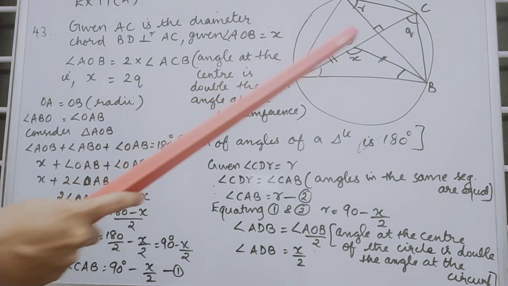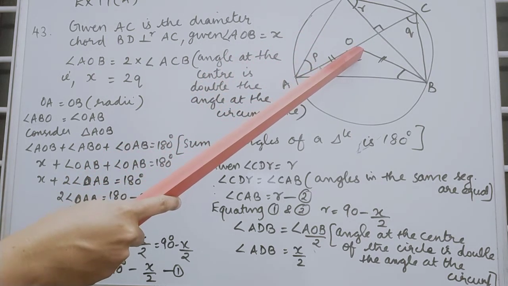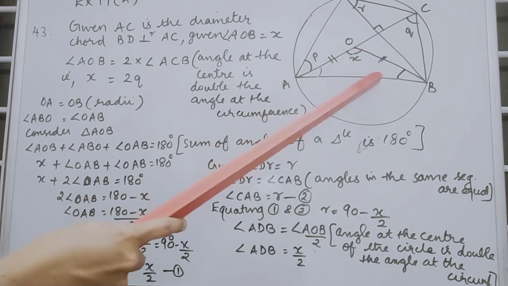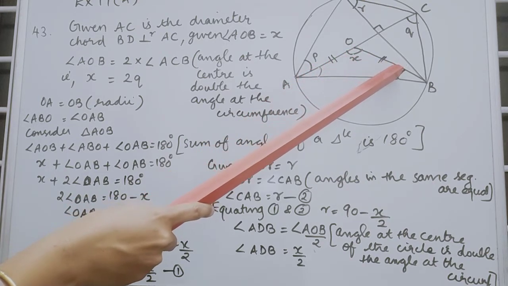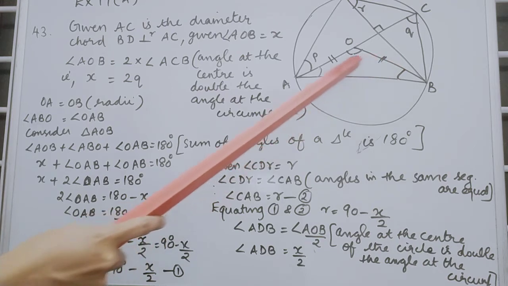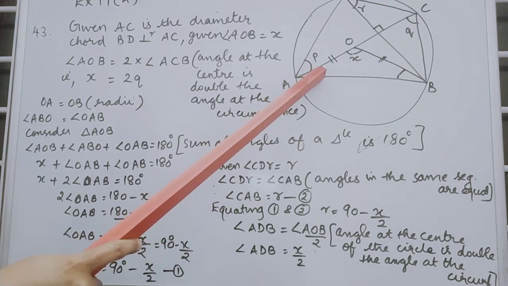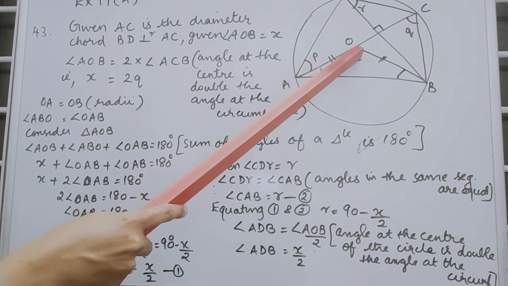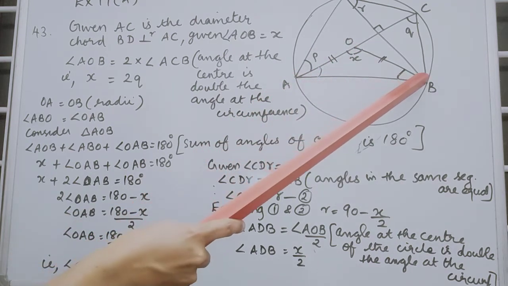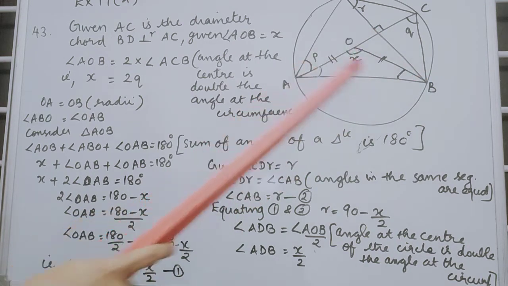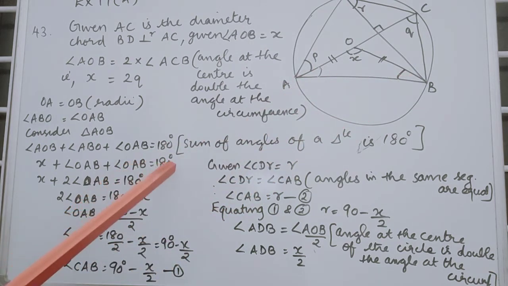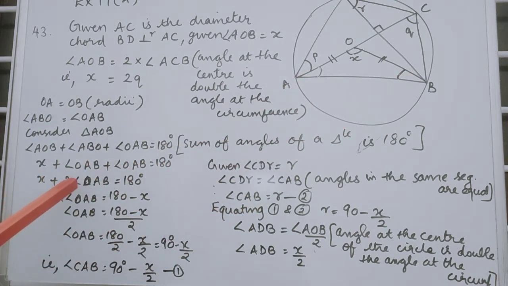Once again, AOB is equal to X in the question. So X plus angle OAB plus again OAB is equal to 180. So X plus 2 into angle OAB is equal to 180 degrees.